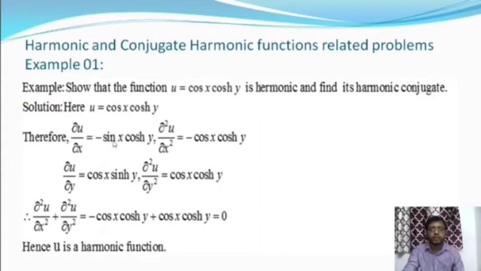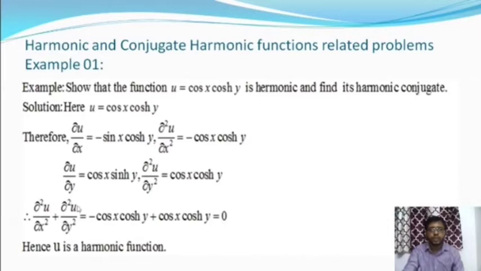Now we find del 2u del x square plus del 2u del y square, and from this we get the value 0.